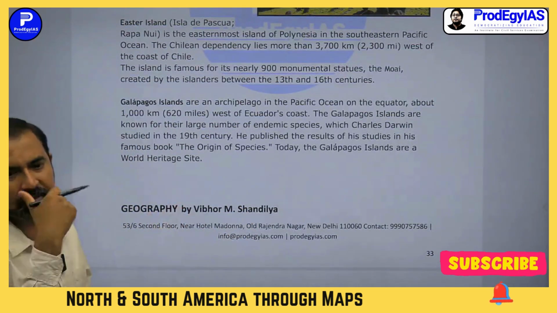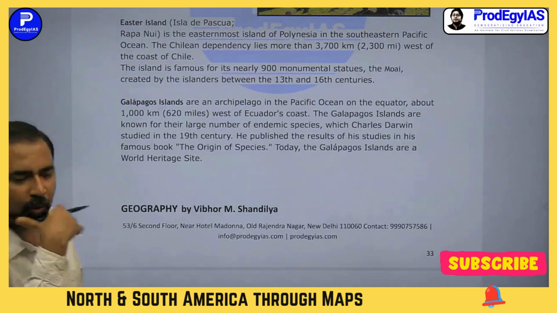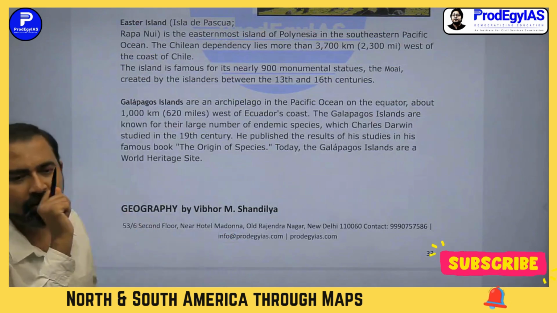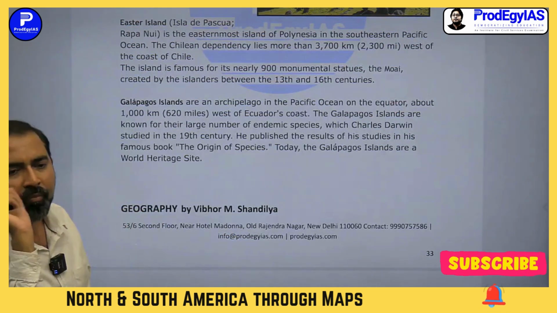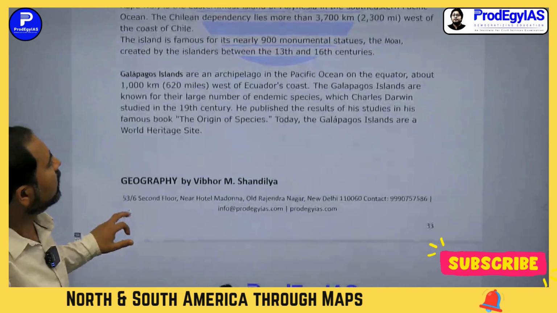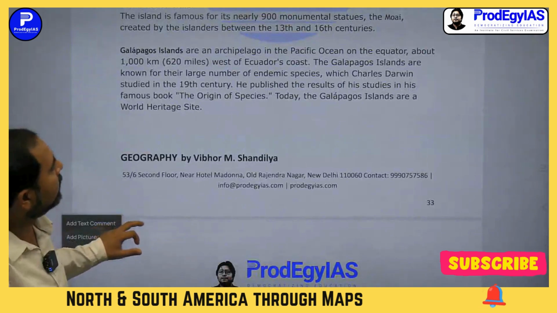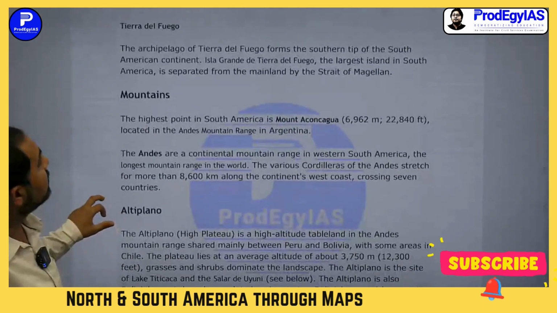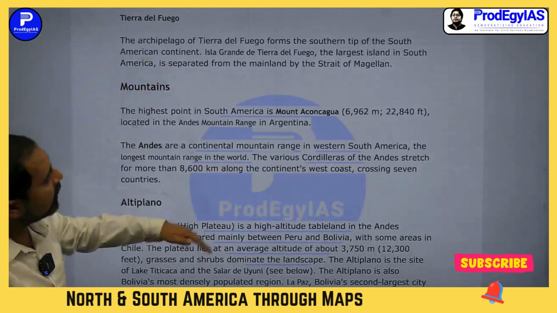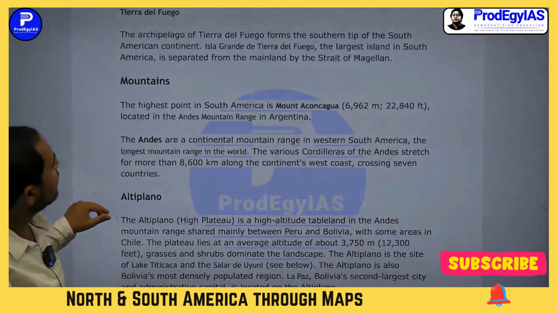Very big, massive turtles are there. They move slowly like sloth bears, right? All the species there are unique. So Galapagos, off the coast of Ecuador, right? And it is a World Heritage Site. Okay. Tierra del Fuego was at the extreme south, the southern tip.